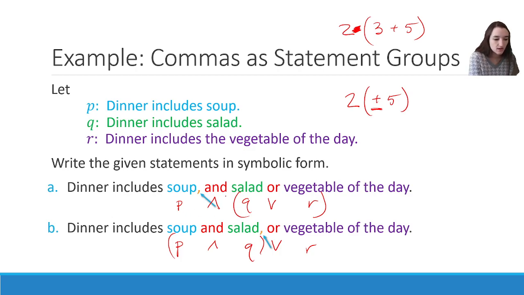So now, let's read this out. Soup is alone, and we can have soup and one of these two things, right? Salad or vegetable of the day. They're together. So again, yes, we didn't put the parenthesis directly where the comma was, but we just sort of shifted it over to make it make sense. Because verbally, we put the comma before the and, but idea-wise, it's like having the comma after the and.